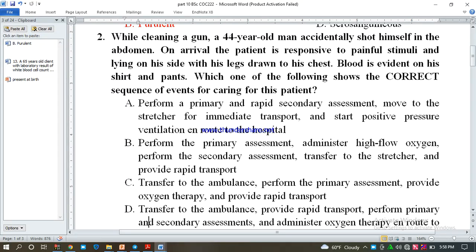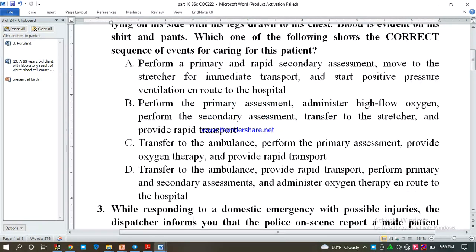እነዚህን patient በማከምበት ሰዓት ወይም በምናይበት ሰዓት first aid management በምንሰራበት ሰዓት what are the correct sequence of event caring the patient ነው። የመጀመሪያው ላይ: perform primary and rapid secondary assessment, move to the stretcher immediately, transport and start positive pressure ventilation ይለናል። B ላይ: perform primary assessment ብለን የምንጠራው, administer high flow of oxygen, perform secondary assessment, transfer to stretchers and provide rapid transport ይኖራል። C ላይ: transfer to ambulance, perform primary assessment, provide oxygen therapy, provide rapid transport.